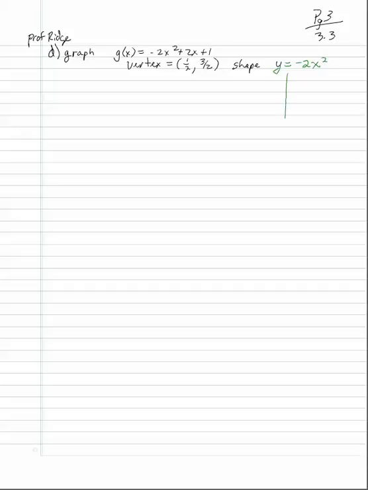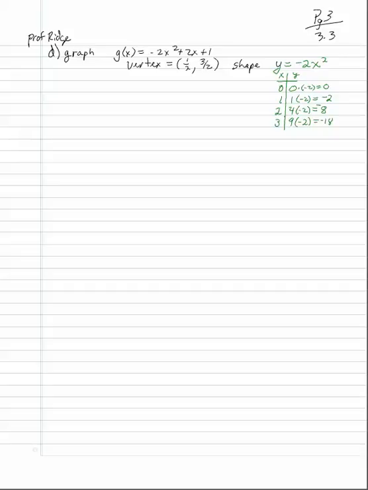So I take my base graph, the y equals x squared, (0, 0), (1, 1), 2 squared is 4, 3 squared is 9, so on. And I'm going to multiply all the y coordinates by negative 2. Now if you remember from translations, the negative part flips it over, so that's why it's opening down. And then the times 2 is stretching it, so it's going to make it skinnier. That should be negative 8, and we won't get to negative 18.